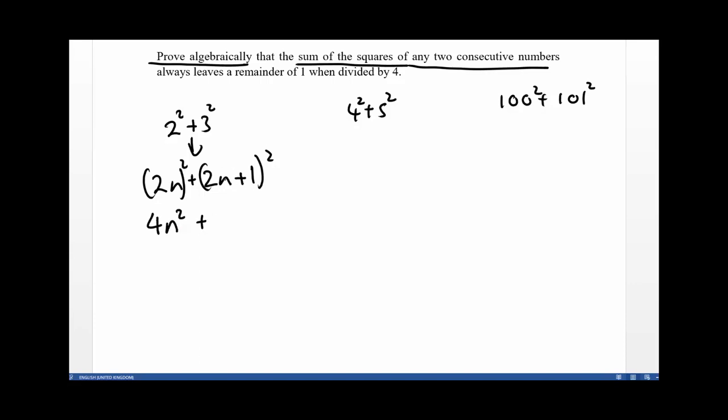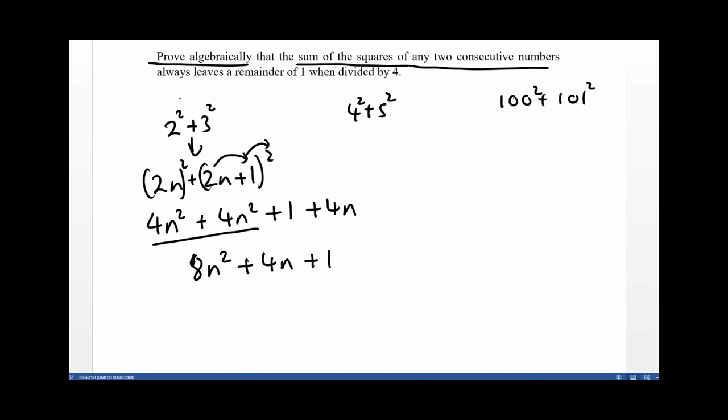Let's do this one. Remember, there's two terms in here, so this is going to give us a quadratic expression. 2n squared is 4n squared. 1 squared is positive 1. 2 times 1 is 2n, times 2 is 4n. Let's simplify that now. We can add these two together. It's going to give me 8n squared plus 4n plus 1.